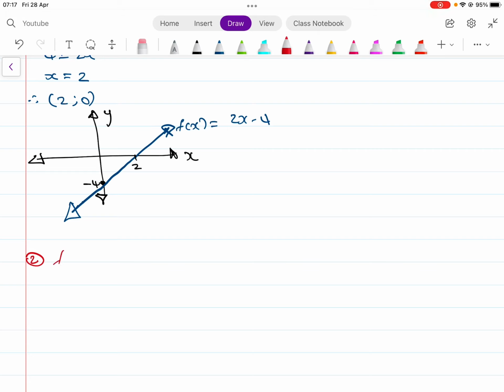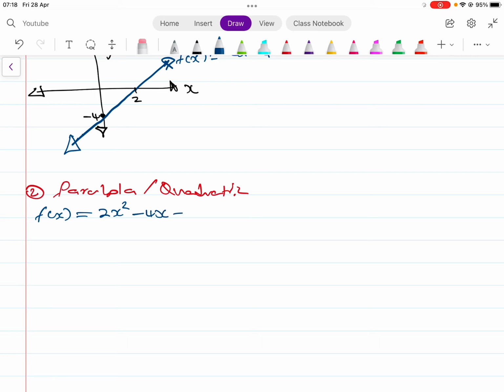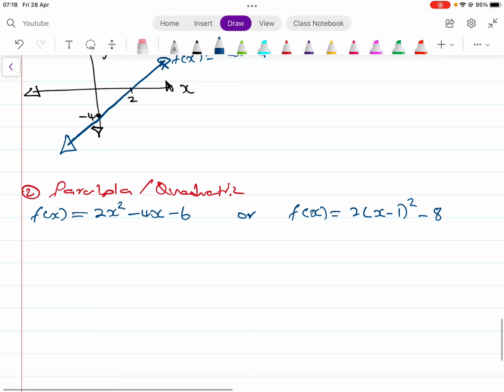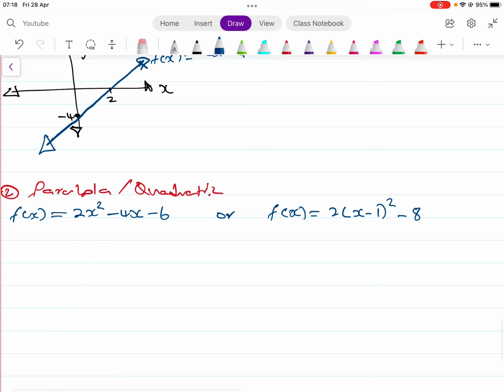So parabola or quadratic, suppose you're given the equation f of x equals 2x squared minus 4x minus 6, or maybe you have that f of x equals 2 into x minus 1 all squared minus 8. Okay, so we can have these two, or maybe even the third format for parabolas.